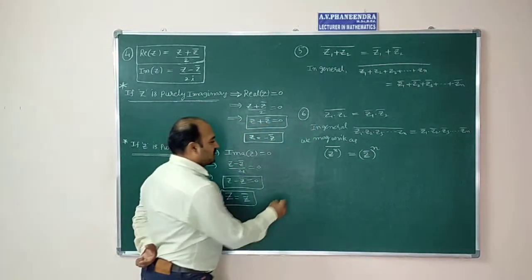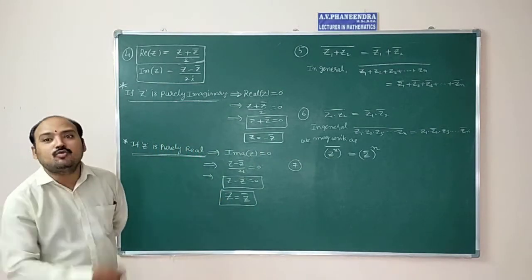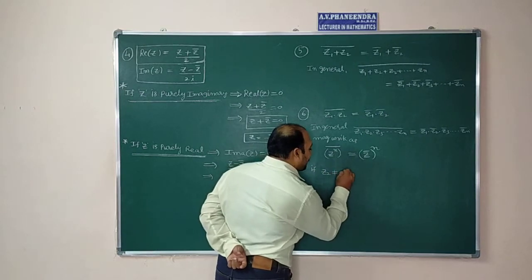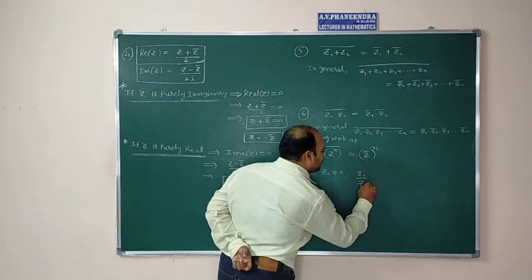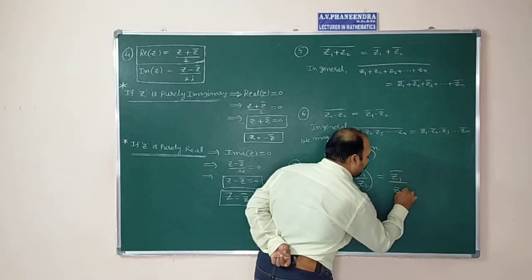And 2 more properties, based on the quotient form. Quotient form is the z1 by z2 form. If z2 is not equal to 0, then z1 by z2 whole bar can be written as z1 bar by z2 bar.